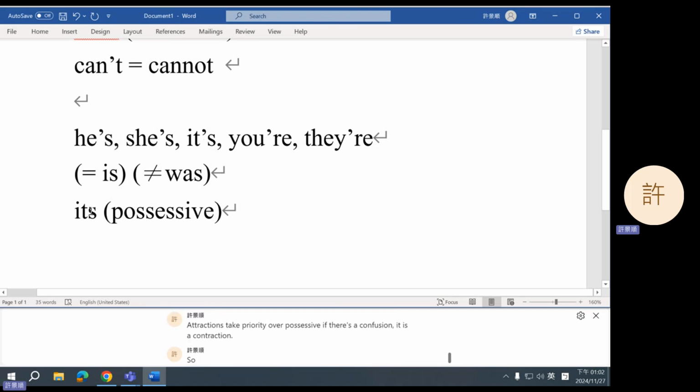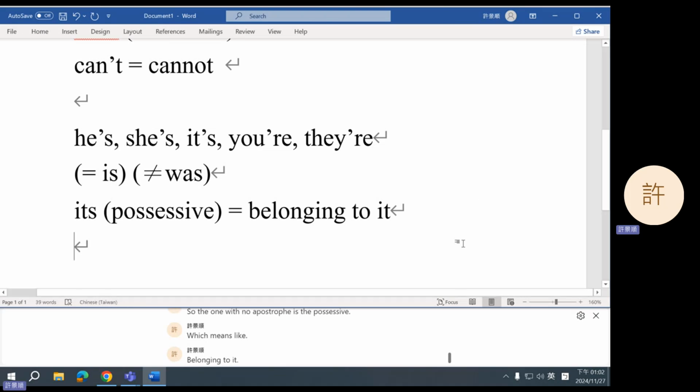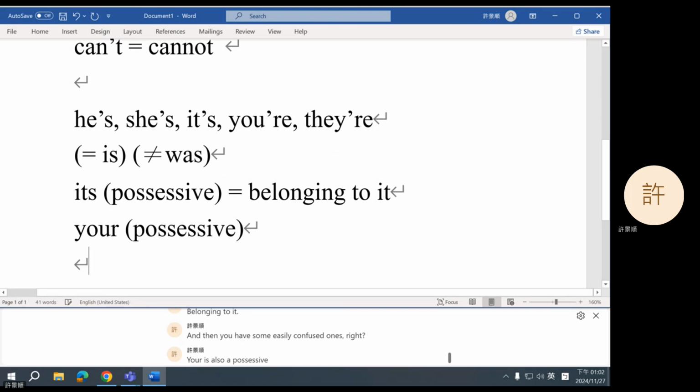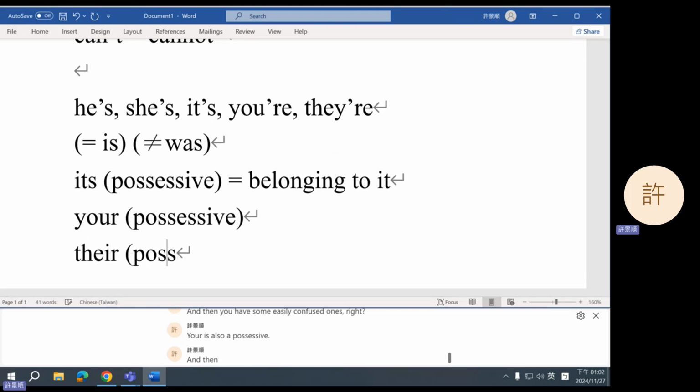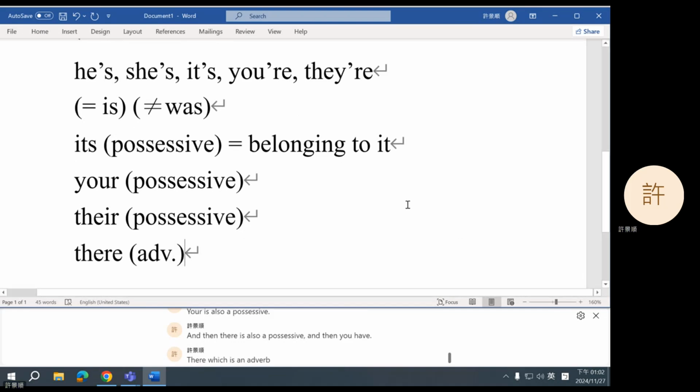So the one with no apostrophe is the possessive, which means belonging to it. And then you have some easily confused ones, right? Your is also a possessive, and there is an adverb. So remember, if there is an apostrophe, it is most likely a contraction.